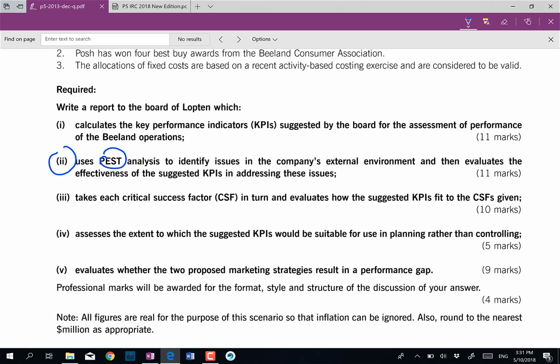So the very first thing the examiner wants students to do is use PEST analysis to identify the issues in the company's external environment. And then the second part of the requirement: evaluate the effectiveness of the suggested KPI in addressing this issue. Wow, 11 marks is provided over here.